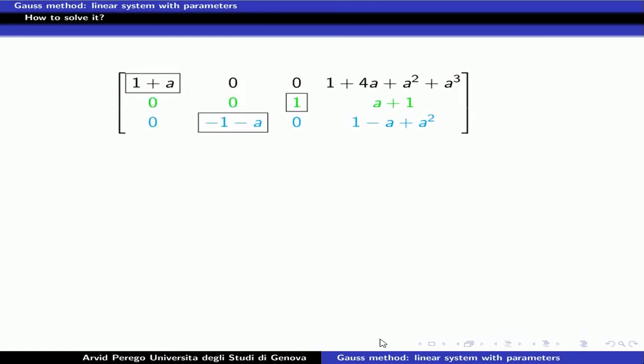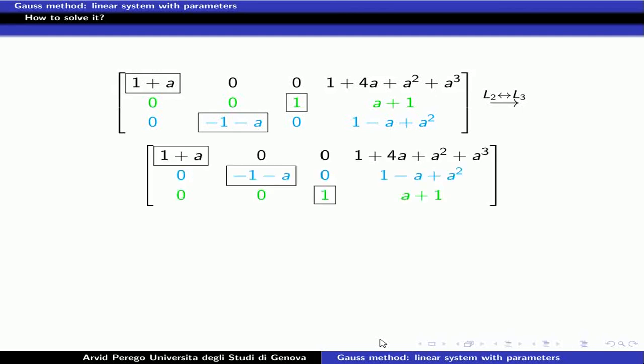So now you do a slight modification again of this matrix in order to get it in its reduced form, and to do this we need to switch the second and the third row. This is very easy to do, so you just rewrite the third row as the second and the second row as the third, and you get the following matrix.